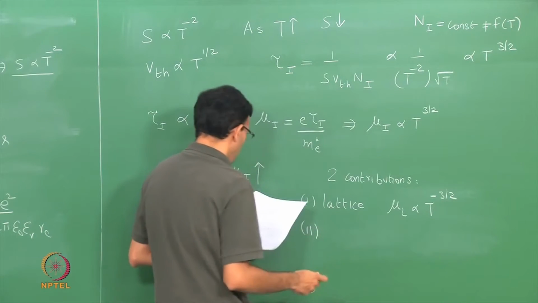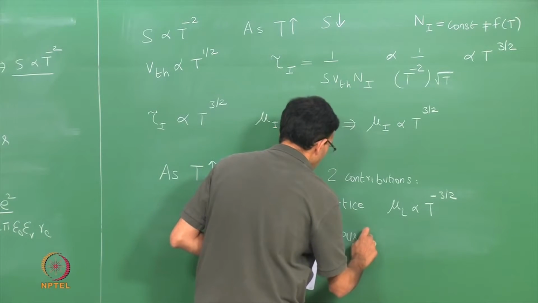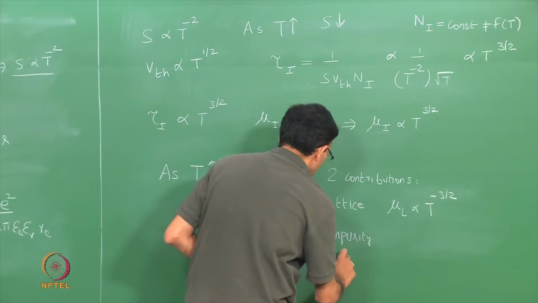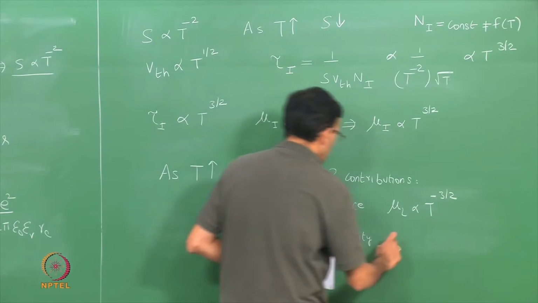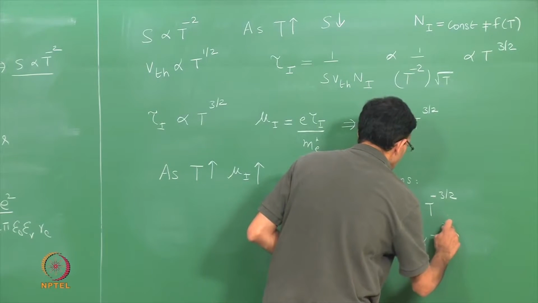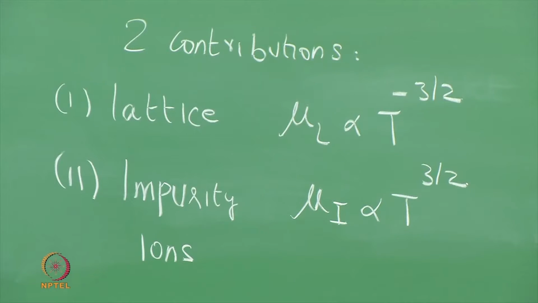The other is from the impurity or your dopant, and these are ionized. So, I will write these as impurity ions, where mu I is proportional to T to the 3 over 2. So, we have two contributions, both of which have an opposite dependence on temperature.